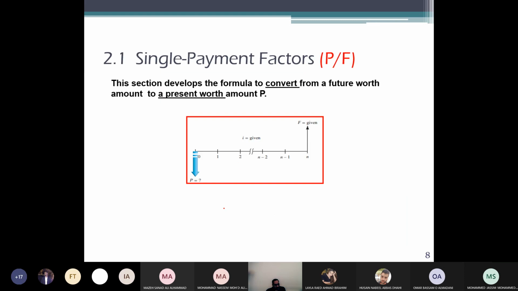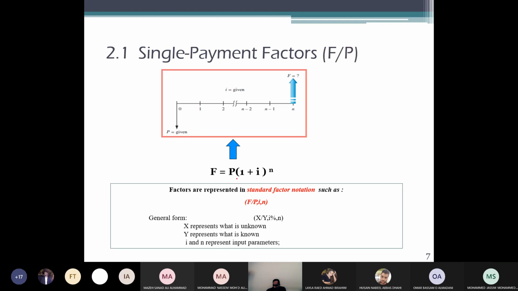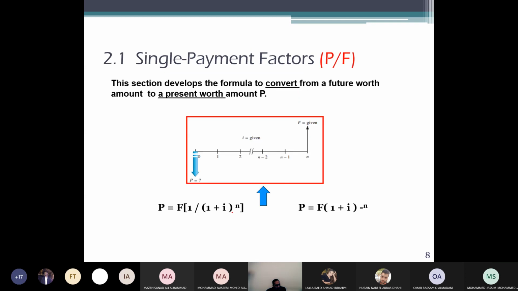This is the basis, and we derived the reverse from it. I don't want you to memorize 1 over 1 plus i to the power of n. Basically, if you convert it according to the mathematical solution, you put it to the power of minus n, because you are moving it from the bottom to the top.